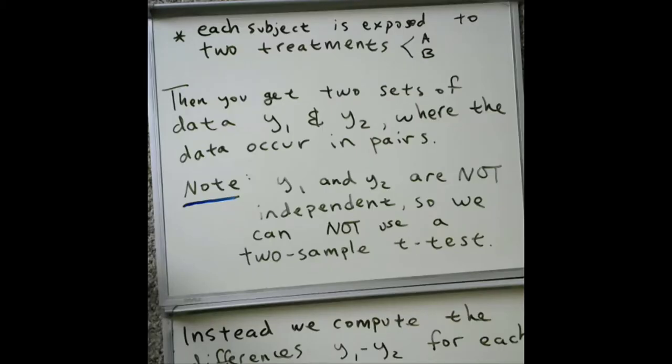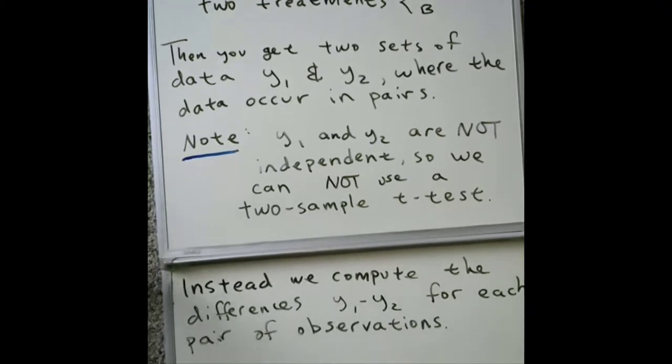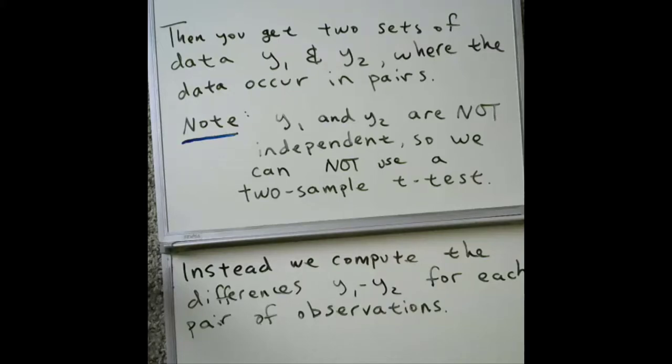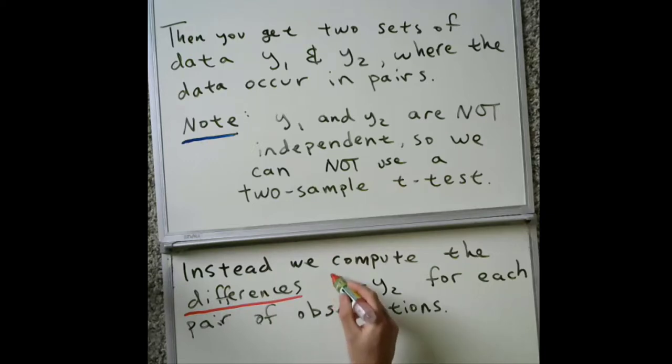Since we cannot use a two-sample t-test, but we still want to know what occurred from treatment A to treatment B, or from the before to the after, the way that is accomplished is we look at the differences. So a subtraction occurs of the paired observations.